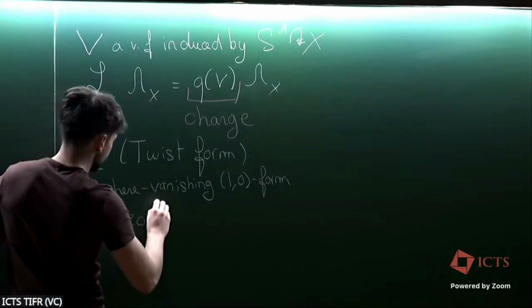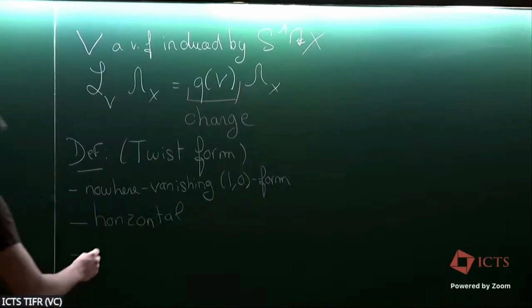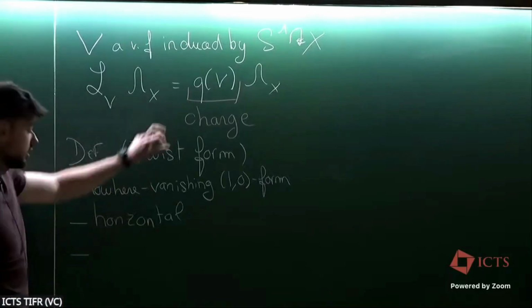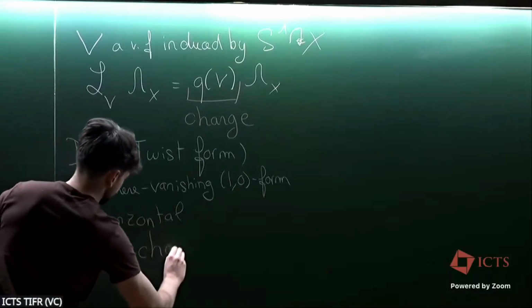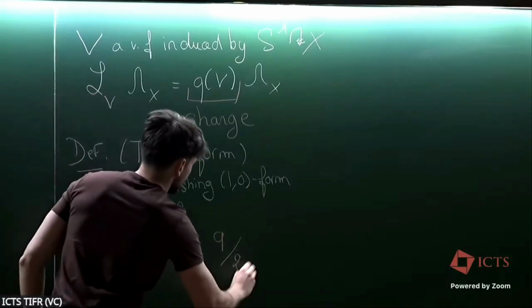Horizontal means that it annihilates the vector fields induced by the action. And it has a charge, whose charge is precisely half of the charge of my form here.